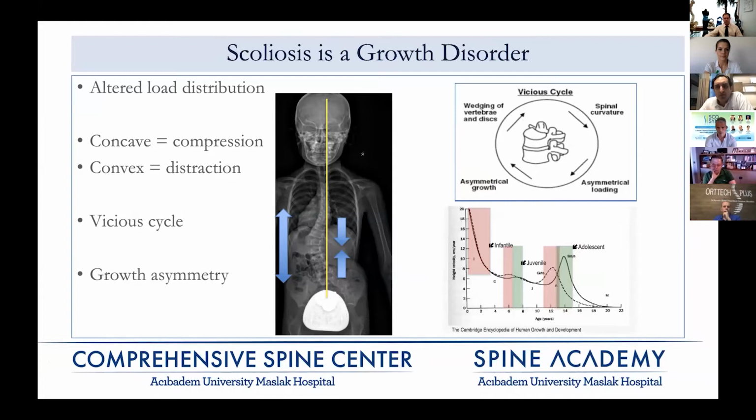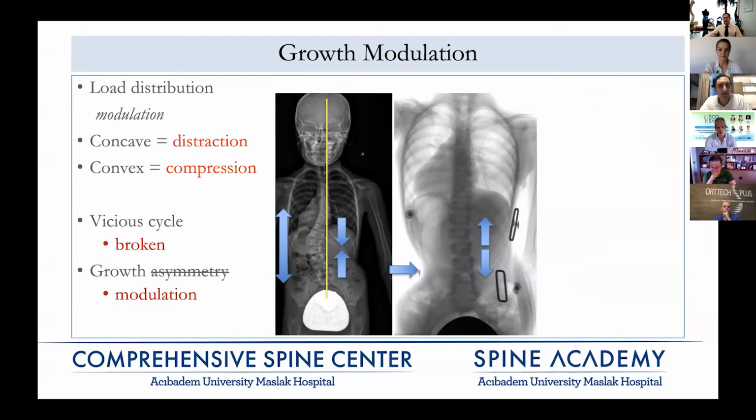So if scoliosis has a pathogenesis like this, what we can do is try to get rid of this load distribution and try to reverse how scoliosis happens. We call this growth modulation.